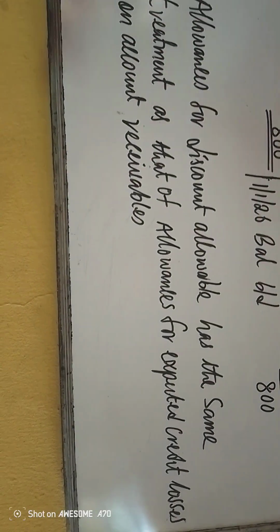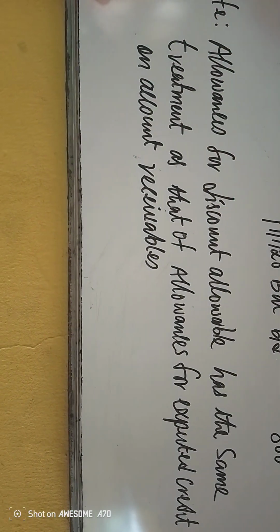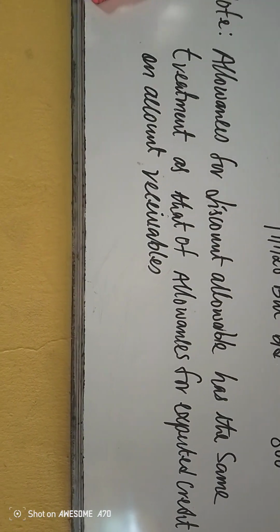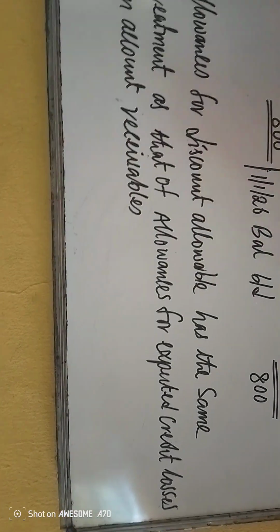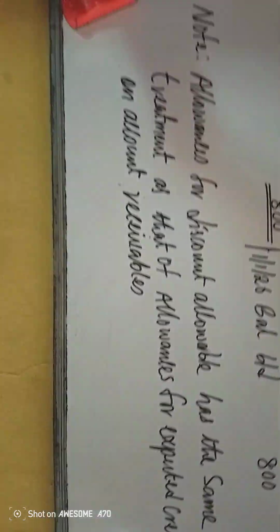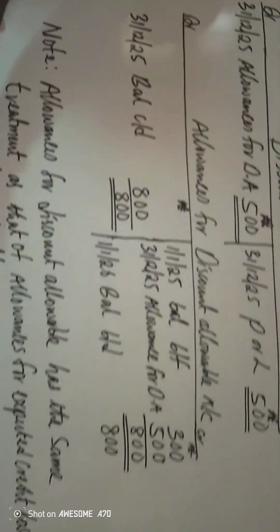If the increase is an expense for allowances for expected losses, the increase here is also an expense. If there's a decrease, which under allowances for expected losses is treated as income, here too it will be treated as income. That is why this note is important.